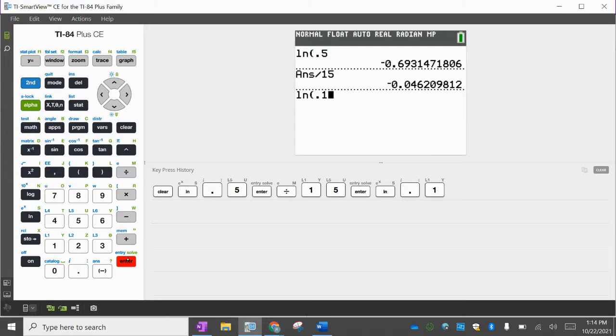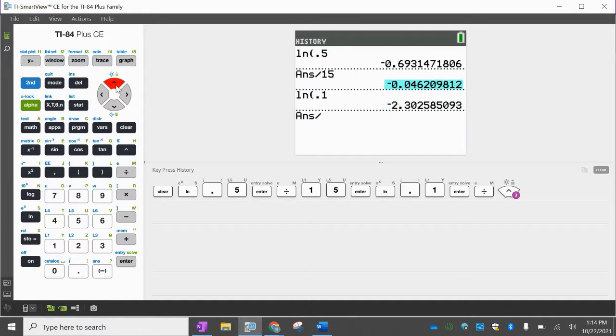Now to my calculator. ln of 0.1, small number, divided by, and here is a way to keep it precise. Since that negative 0.0462 wasn't the last answer, I'm going to scroll up and grab it so it can get all of these decimal places and keep it more precise without having to type all of those in.